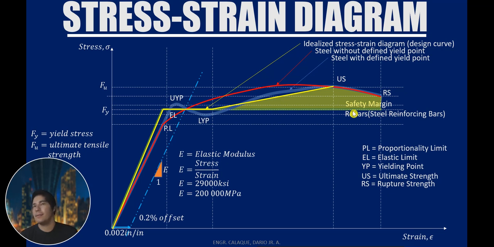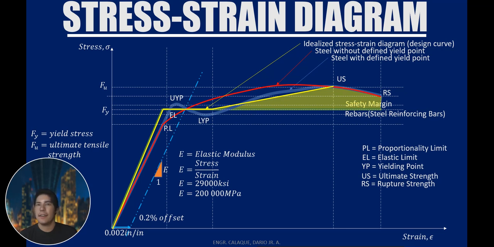How sure you are that yung bakal na deliver sa'yo is exactly Fy. Di ba? Probably it could be less or it could be more, no? Mas maganda pag more, no? How about less siya, no? So anyway, yung representation dito is you have this safety margin.